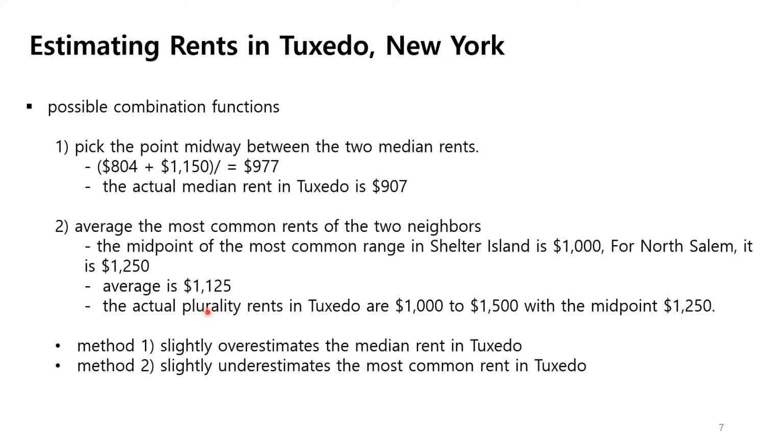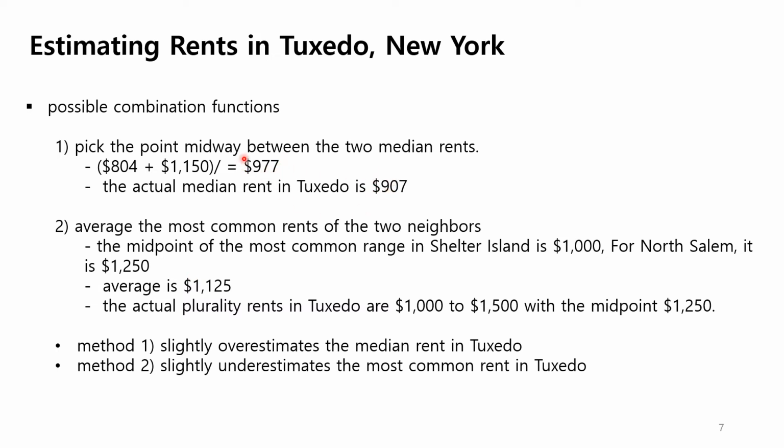The actual most common rent in Tuxedo is between 1,000 and 1,500, so the midpoint is 1,250. So this is our estimate, and this is the actual midpoint of the most common rent. Pretty close. In method 1, this is our estimate and this is the actual value.